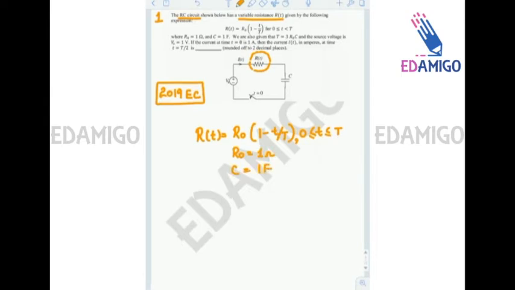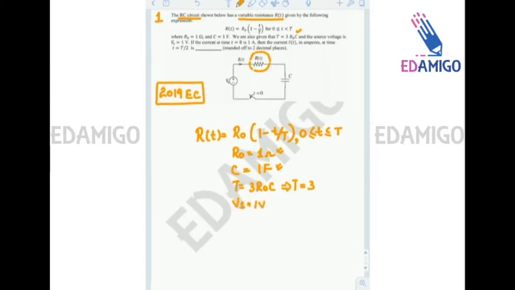It is also given that capital T is equal to 3 R0 C, and we can see that R0 is 1 ohm and C is 1 farad, so capital T is equal to 3. Okay, and the source voltage is 1 volt. This all is given to us.